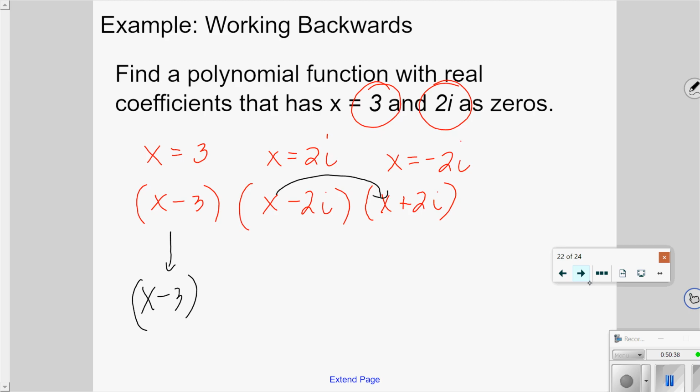So x times each of them is x squared plus 2ix. I'm going to multiply this negative 2i times both of them. Negative 2ix minus 4i squared.